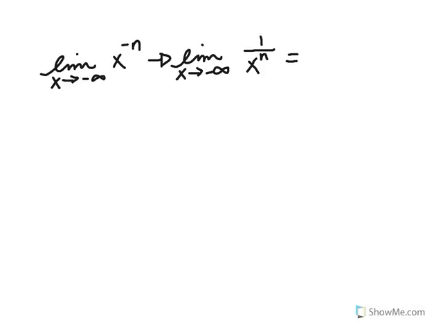Start thinking of very, very big negative numbers being raised to an exponent. Take for example, let's say x is 2, and it's approaching negative infinity, so we'll make it negative 2. It's 1 over that, being raised to an nth power.